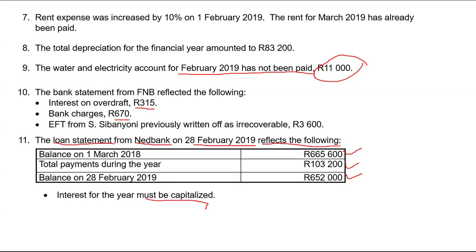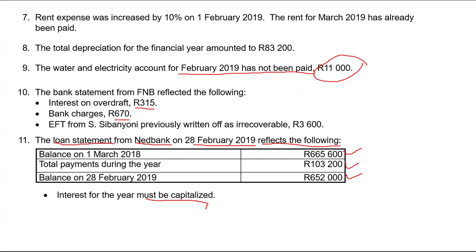They did not mention anything about repayment that will be made annually or the following year. So we will not have the current portion of the loan here. They just said total payments during the year amounted to 103,200. They didn't say it's annual, it's happening every year.